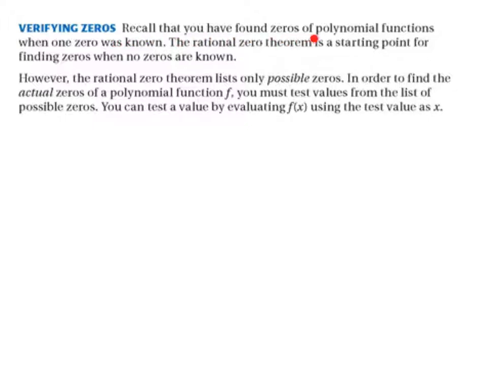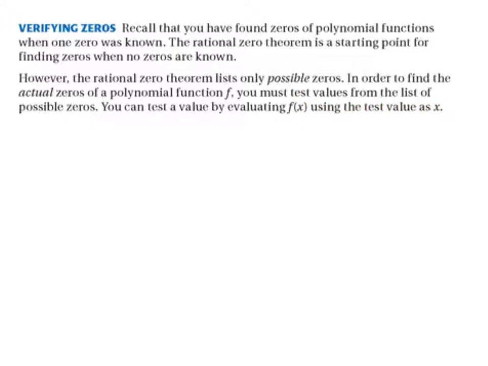The rational zero theorem is a starting point for finding zeros when no zeros are known. However, the rational zero theorem lists only possible zeros. In order to find the actual zeros of a polynomial function, you must test values from the list of possible zeros. You can test a value by evaluating f of x using a test value as x.